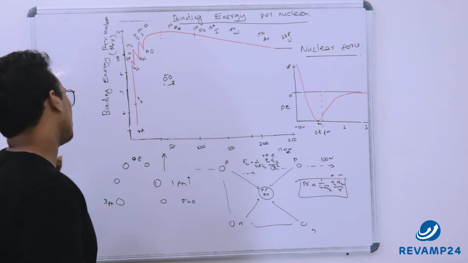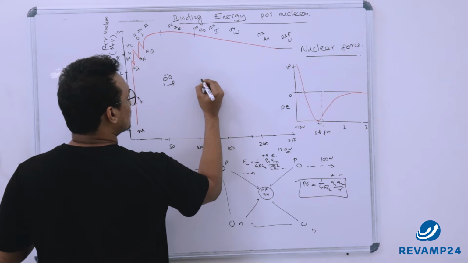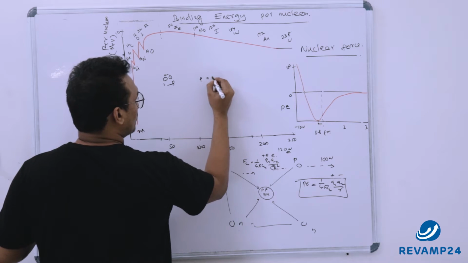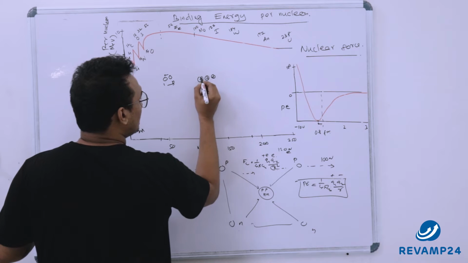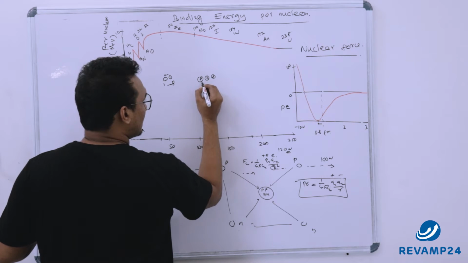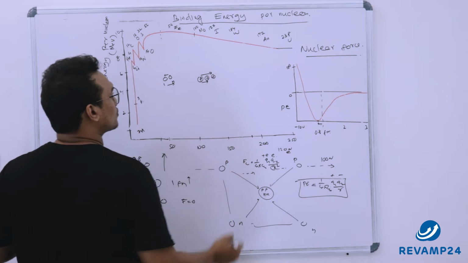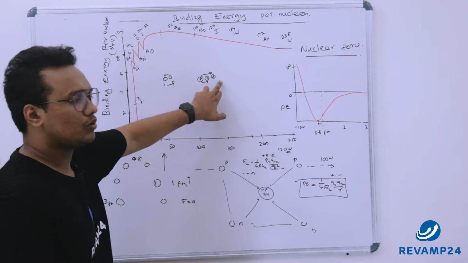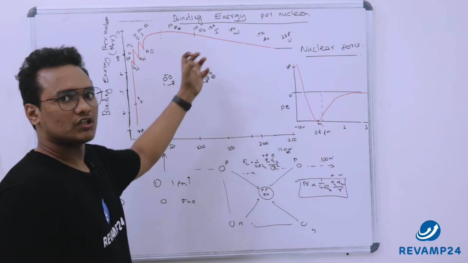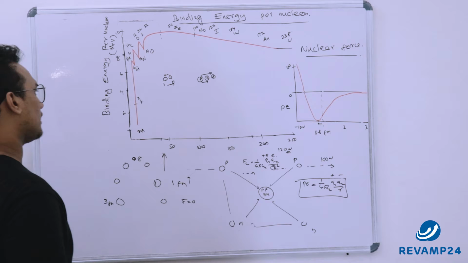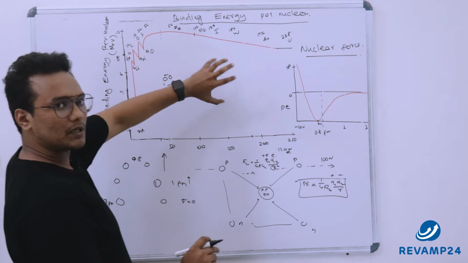Nuclear force is present. Now H3 means 1 proton and 2 neutrons. So what will happen? This proton would be attracted by this neutron and also this neutron. So now with one person, 2 other persons are exerting force. So it would be more amount of nuclear force. So stability would be more in this case.